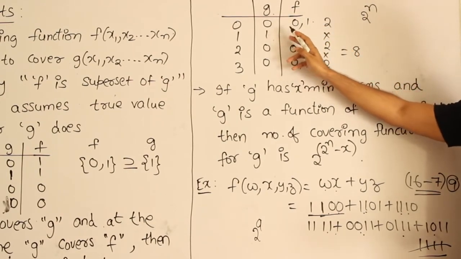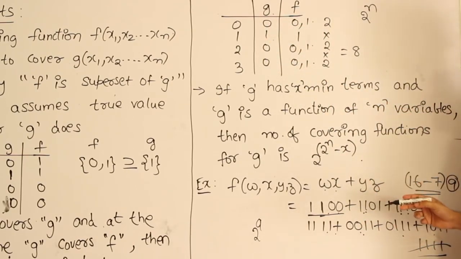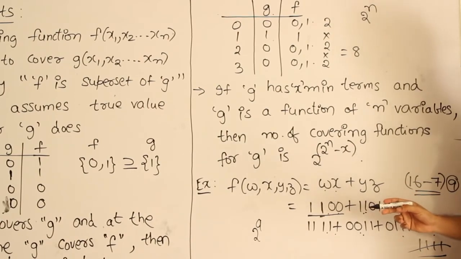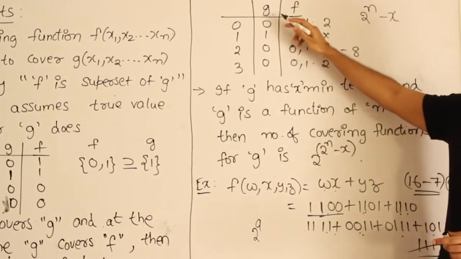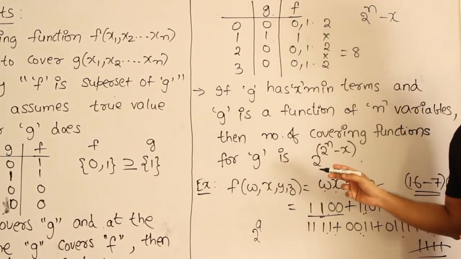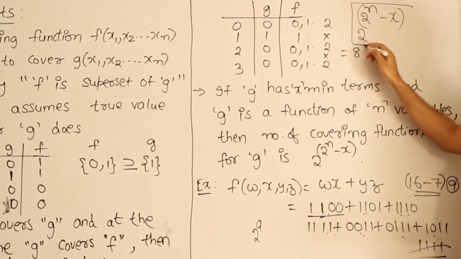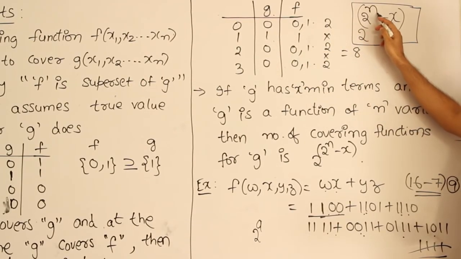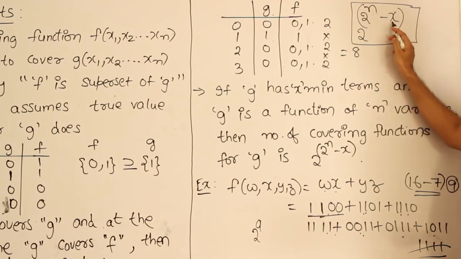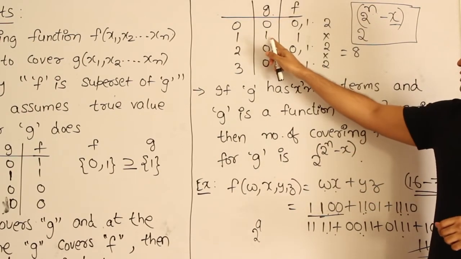All these x terms present in g should already be present in f, so f has no real choice on x. f has a choice only on 2 power n minus x, which means in the remaining minterms that g left out, f can assume any two values. Therefore, 2 into 2 into so on, these many times. So this is the total number of functions which will cover a function g, given that both functions are in n variables and g has x minterms. It is simple to derive, I think. Wherever g is 1, f has to be 1.